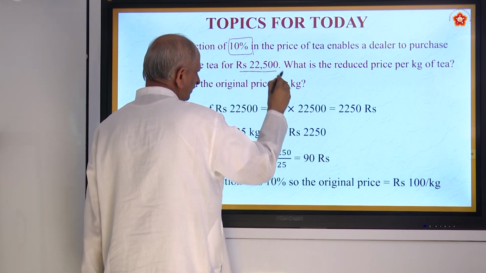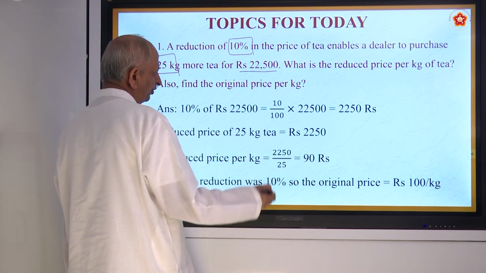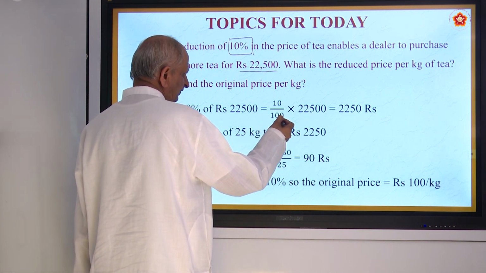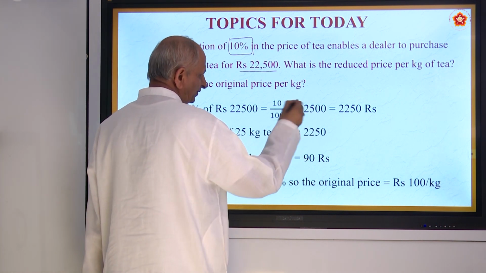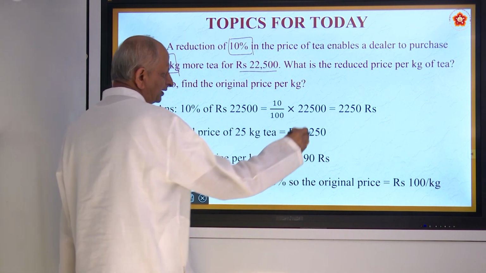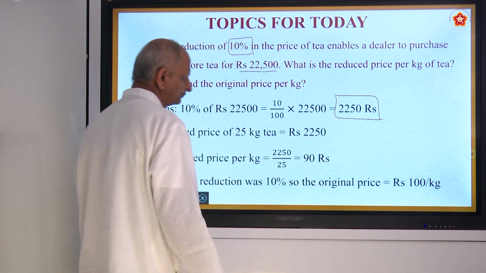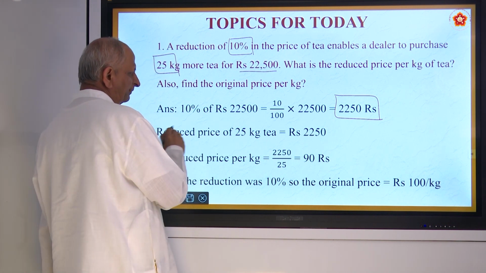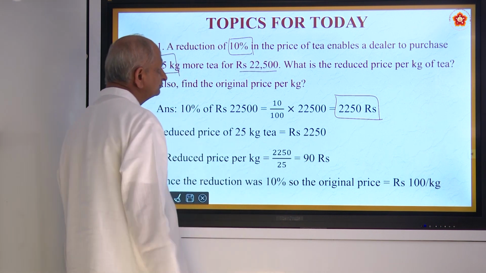So the amount is 22,500. So reduction means what? For 100 rupees, 10 rupees is the reduction. For 22,500, how much reduction? You must see. And that answer will be 2,250 rupees. So the reduction price of 25 kgs is 2,250.